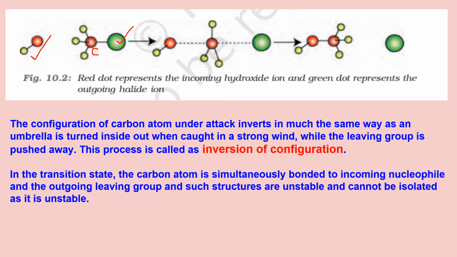And this is the intermediate which is formed here. You can see the middle carbon is having 5 bonds. And finally, the Cl minus is set free and you get these two products.